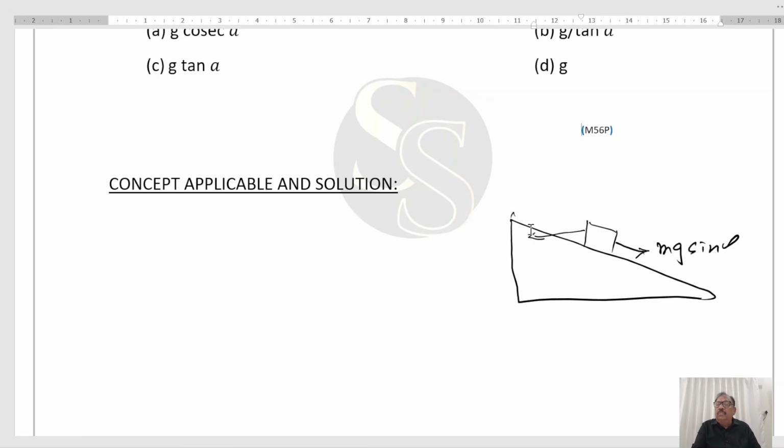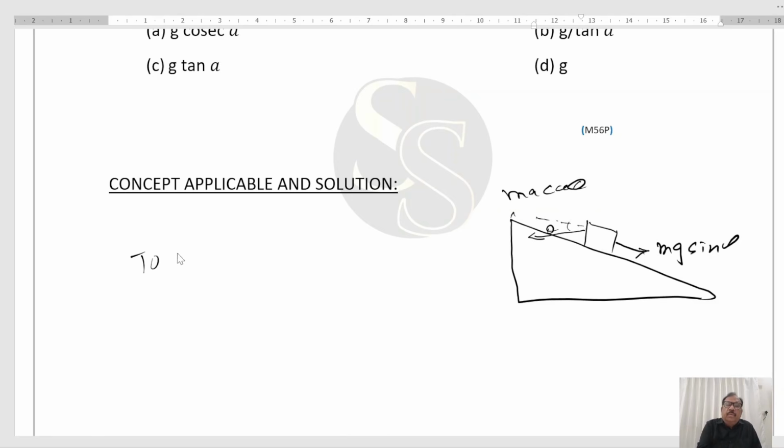So resolve along this. This is theta. So this will become Ma cos theta. I am not drawing the forces acting perpendicular to the plane of the surface, because in the earlier question I have discussed everything.